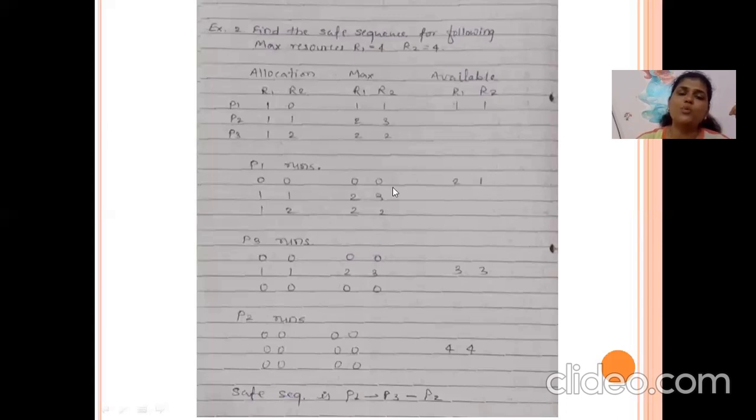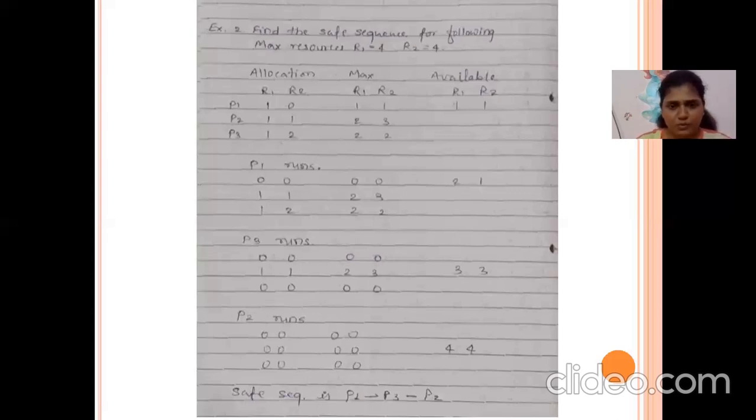These 2 resources of R2 type are not there in the available. So for P2, the first condition is true, that is its execution is not yet done, but the second condition is false, that is its need is more than whatever is available, because it needs 2 instances of R2 type and there is only 1 instance of R2 type in the available matrix. Okay, that's why P2 cannot be executed.